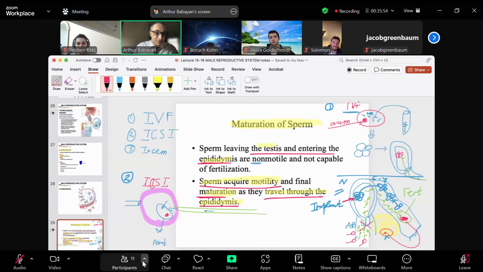That is why it is called intracytoplasmic sperm injection, the ICSI method.